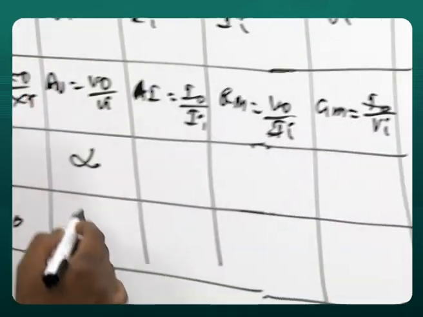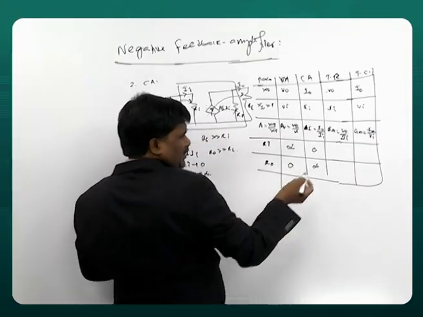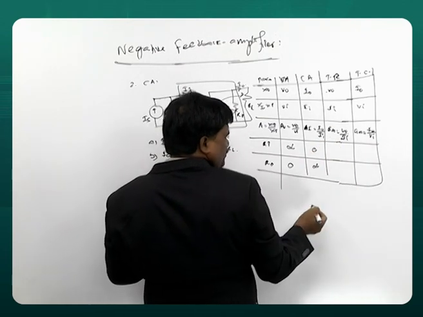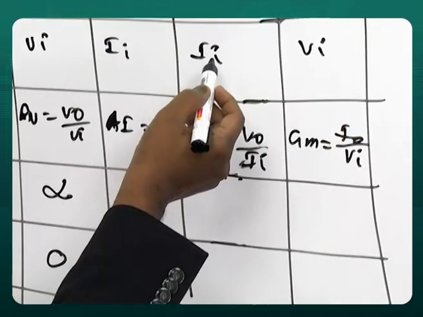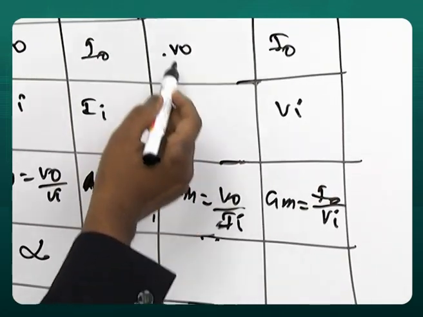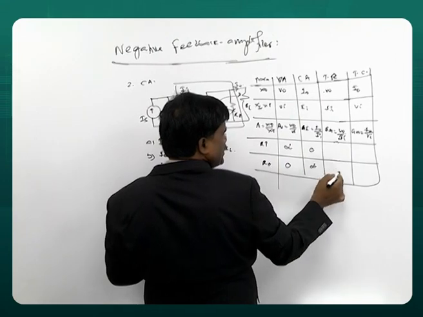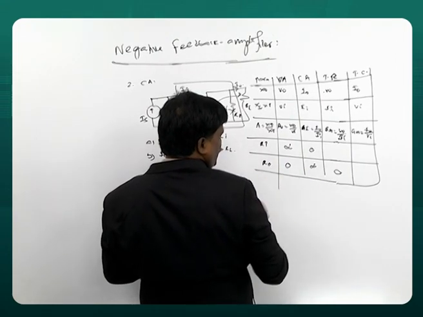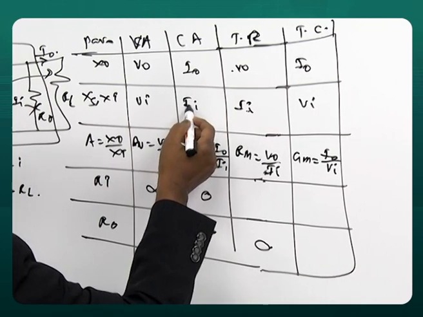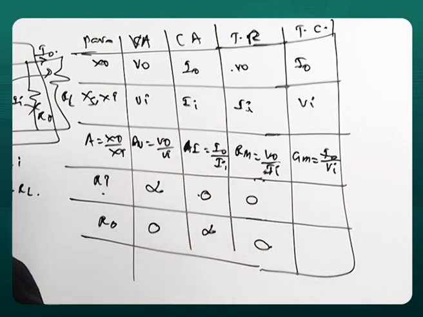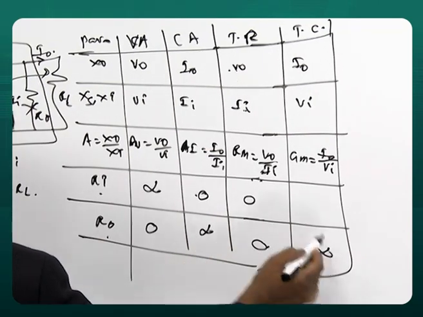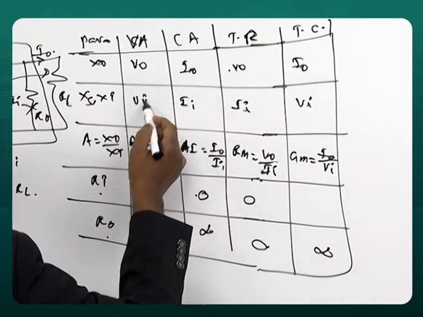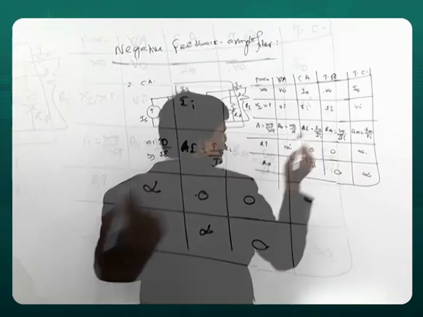Ri is infinity and 0, 0 and infinity. Here, how do you know the other two? The other two are a combination of these two. When input is current, when output is voltage, output impedance is 0. When input is current, input resistance is 0. When output is current, output resistance is infinity. When input is voltage, input resistance is infinity.